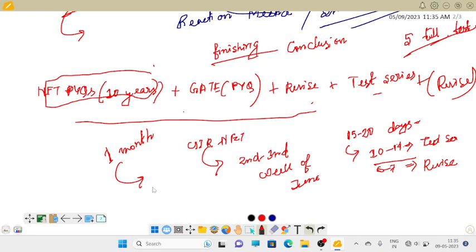You can plan 20 to 25 days of practicing PYQs. Give 5 to 7 full tests. Then the remaining time, revise.